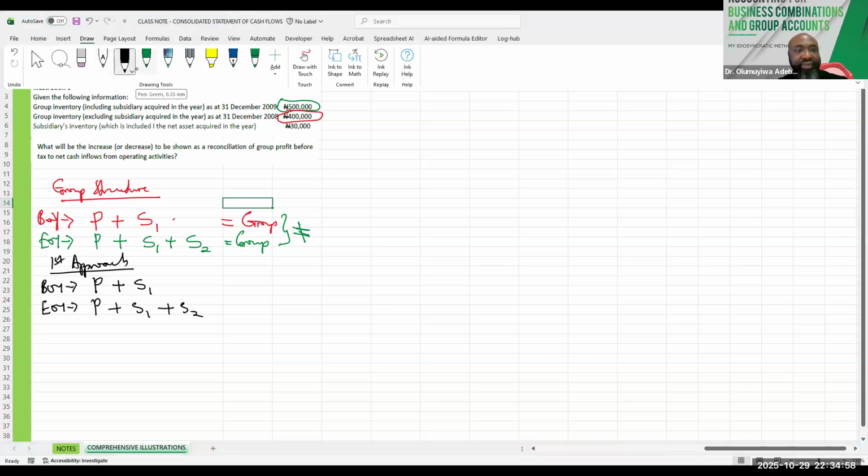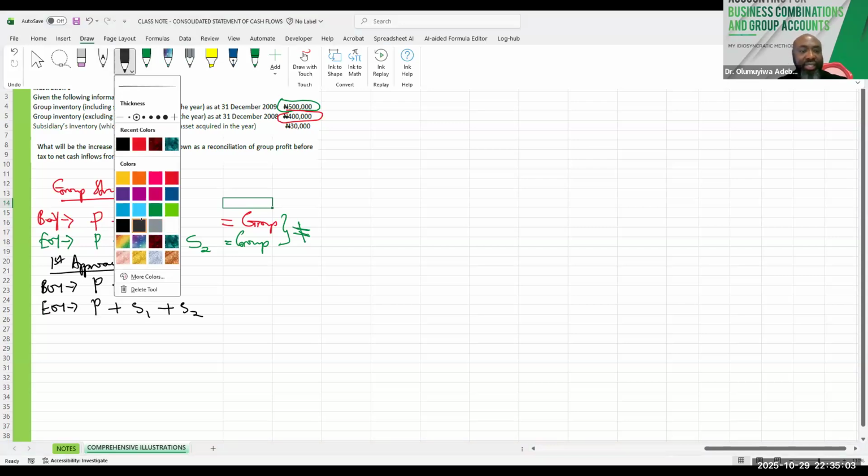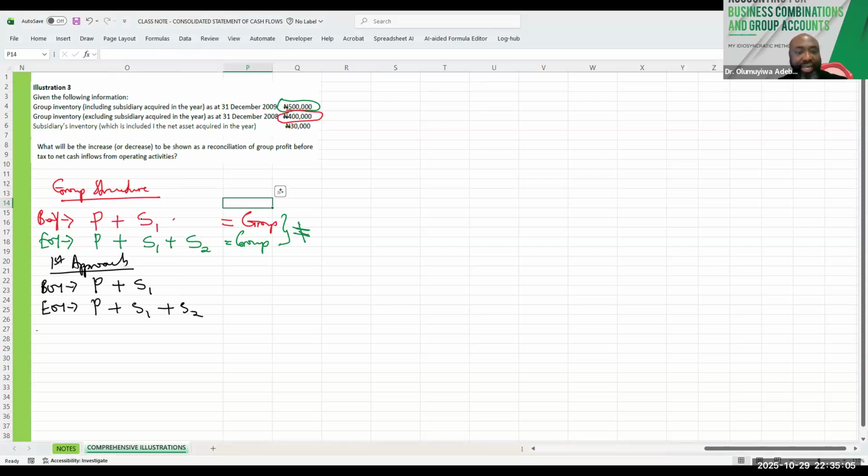We need to find a way of bringing S2 in at the point of acquisition. This is at the beginning of the year, but that is during the year, at the point of acquisition.